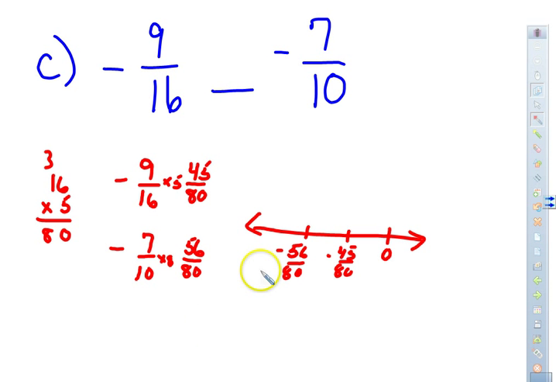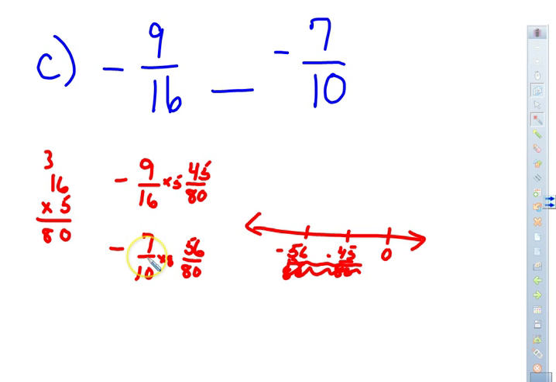It's just like as though we're not even looking at my 80ths, which we really don't have to because they're common. And you can see that again, starting at 0, it's 1, 2, 3, 4, 5, and we get larger. The numbers themselves get larger as we go to the left.